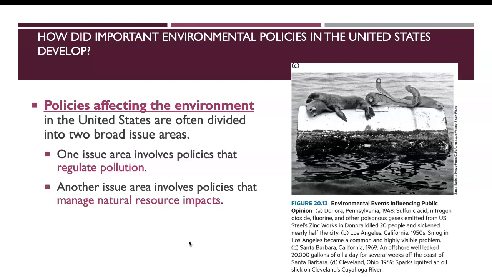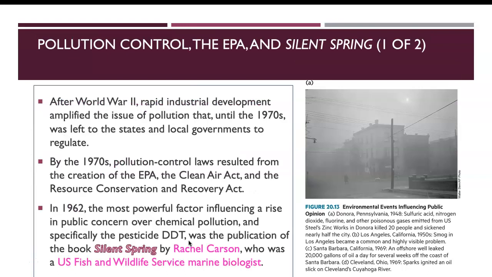All right, so how did important environmental policies in the United States develop? Those policies can be divided into two broad issues. One is to control pollution. The other is to manage natural resource impacts. And pollution can sometimes become really bad. This is when people died because of air pollution in Pennsylvania.